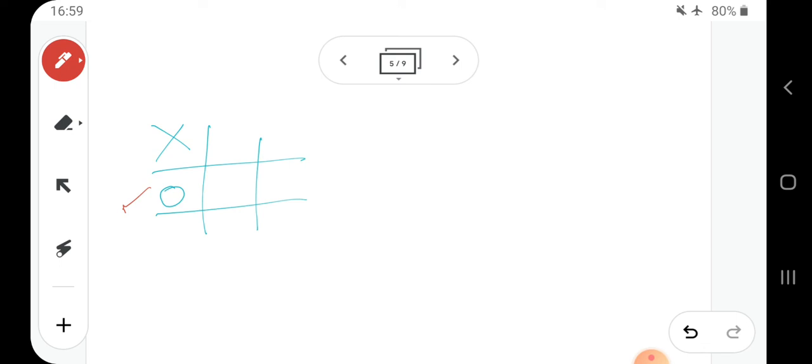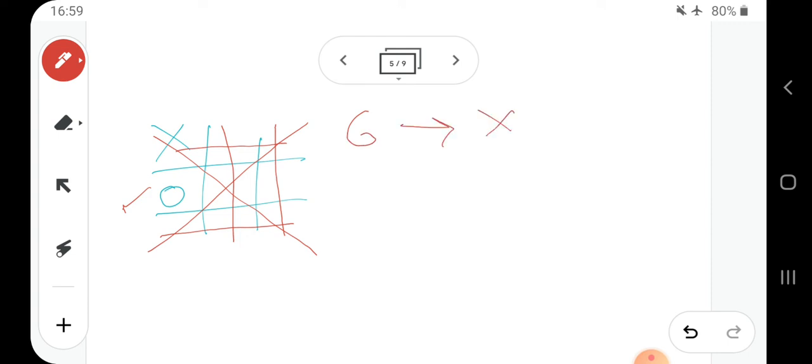X is still open in this direction, this direction, this direction, and also in this direction and this direction. So altogether we can see that 6 different options are open for X.